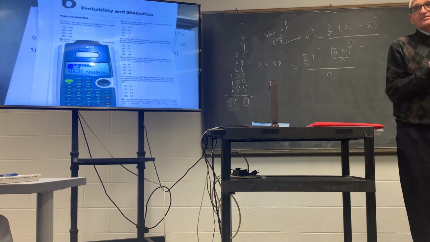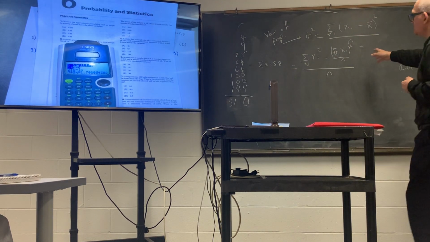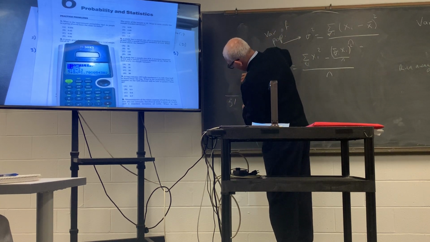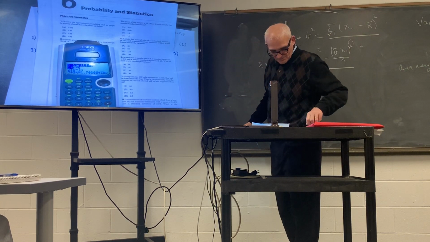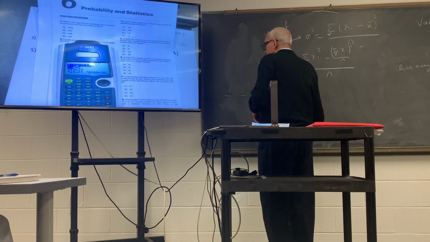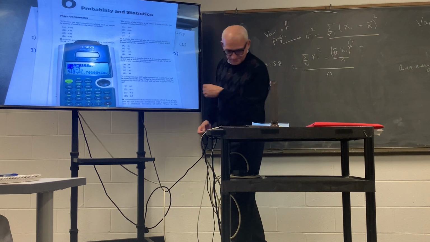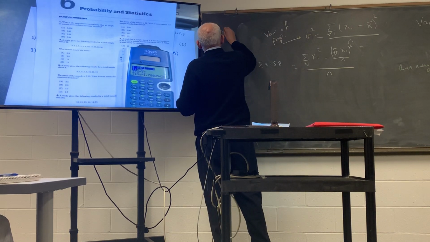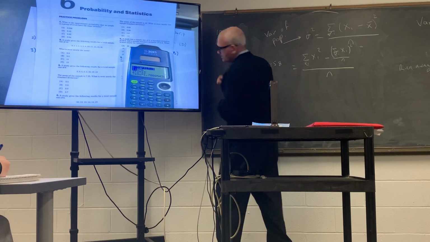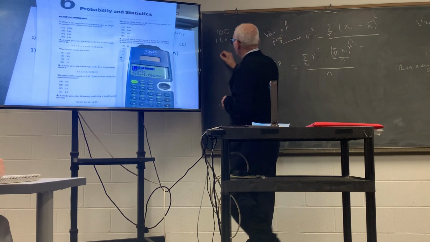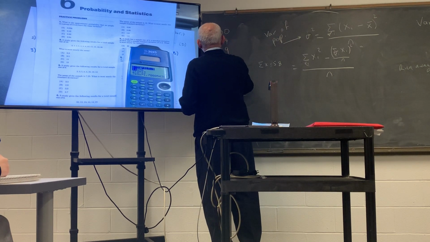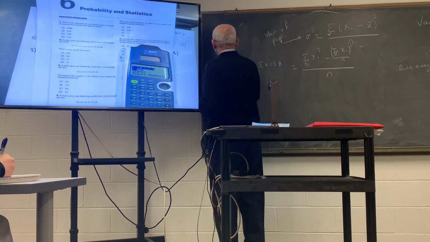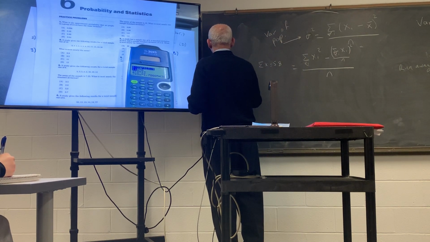Or you can square the numbers like we did here. So we can say it's the sum, 6 values. So what do we have here? 100, 144, 169, 196, 196, 225.